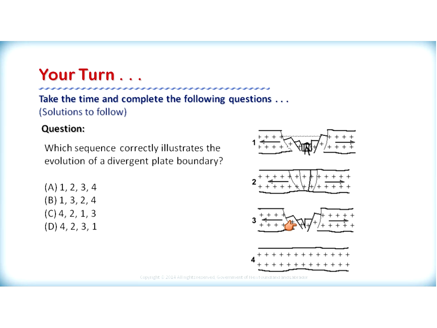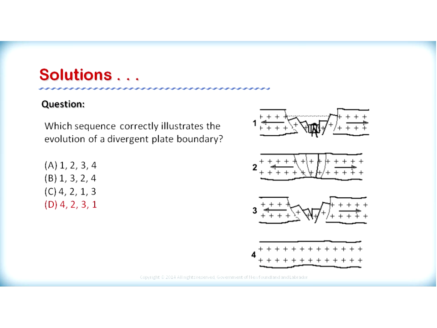In the second diagram, we see a lot of fracturing in the continental crust. In the third diagram, we see the fracturing in the continental crust with a lot of rifting and normal faults, which creates a rift valley. And the fourth diagram would be just the continental crust without any effects on it.